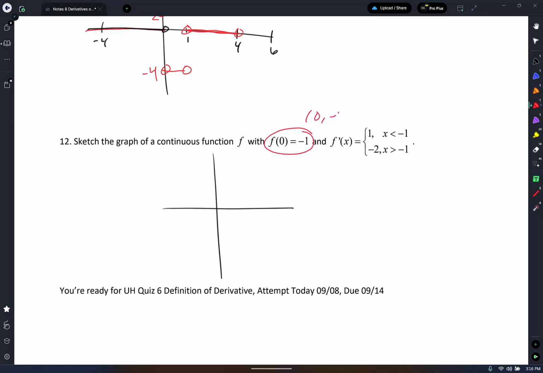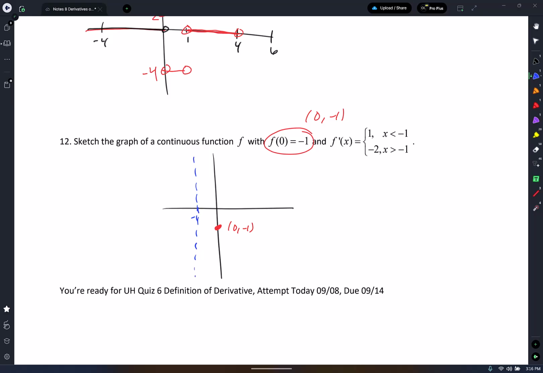That's a point. Here's negative 1. That's not a vertical asymptote. I just put it in there to help me out.